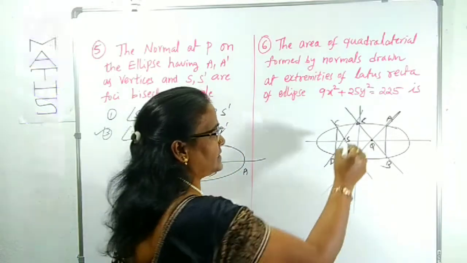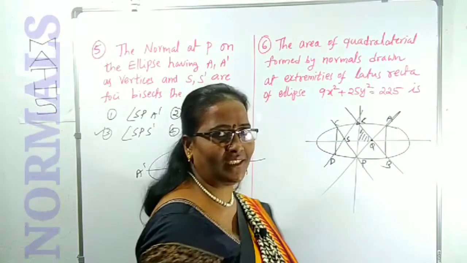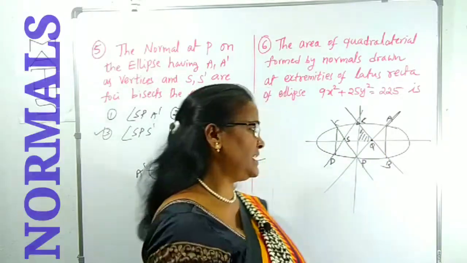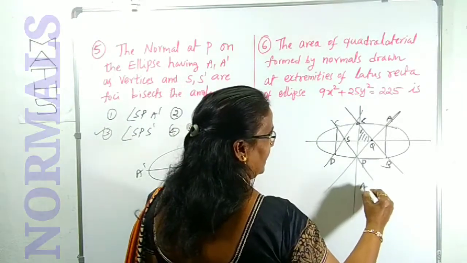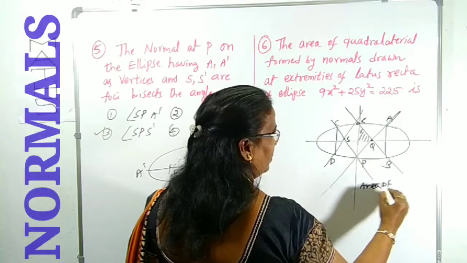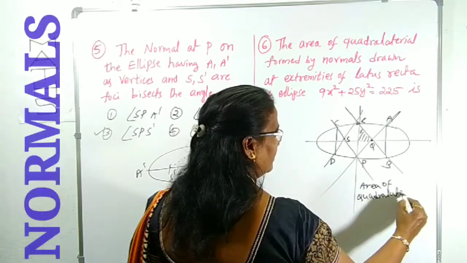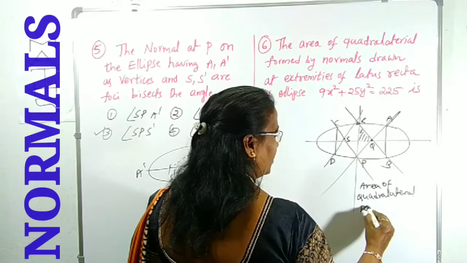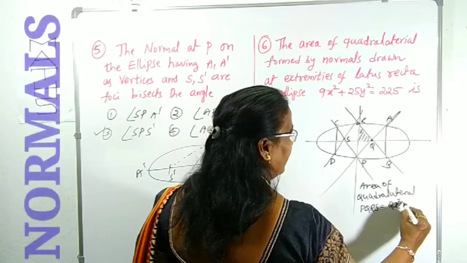To find this area, there is a short trick that I am giving, which you can derive from the standard equation of the ellipse. The area of quadrilateral PQRS is 2a square e power 5.